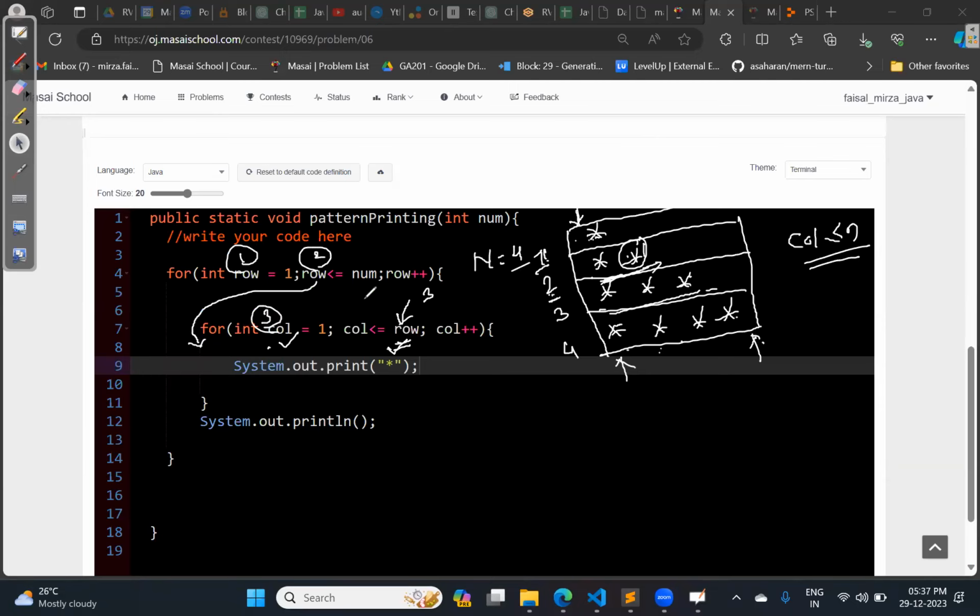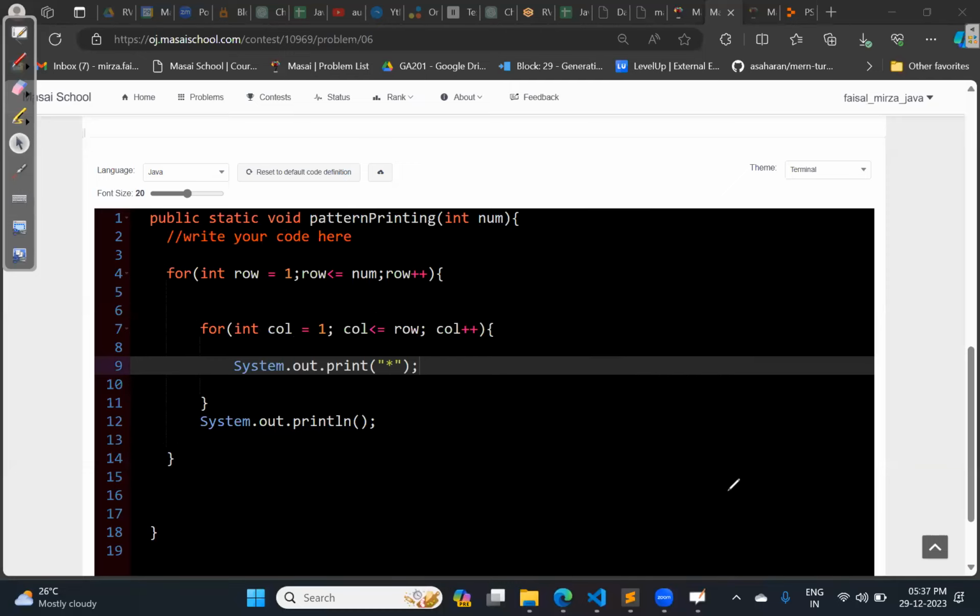This is the third, this is the fourth. Then control will come over here. Then this is fifth. This will run till this condition will be false. Then control will come out of this. After that, again, this one, row plus plus will be there. In this way, try to do the dry run.